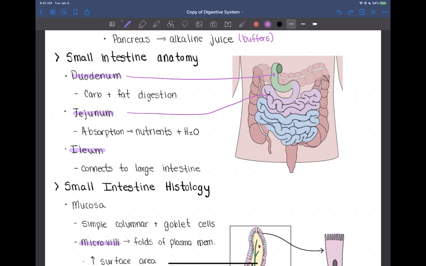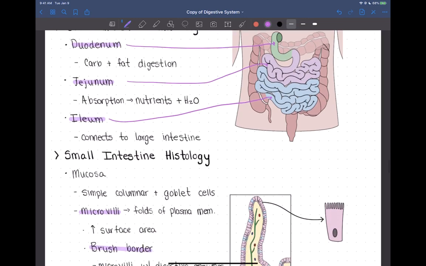All right, and then the last segment, the segment that's connected to the large intestine, is the ileum. When we look at the histology, the ileum is going to have a lot of those MALT tissues, those lymphoid nodules, because more and more bacteria is going to be growing as that food is moving through these intestines.